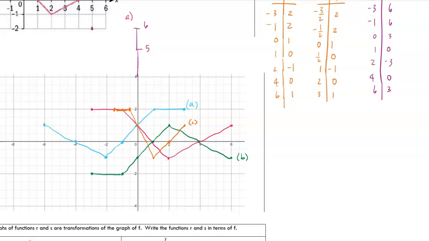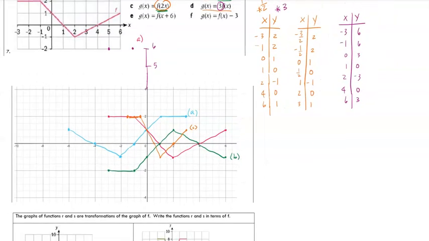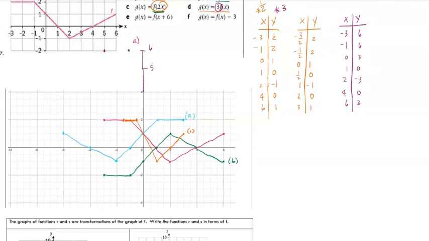Okay, just became another point. And then -1 and 6. Okay, -1 and 6. And 0 and 3.